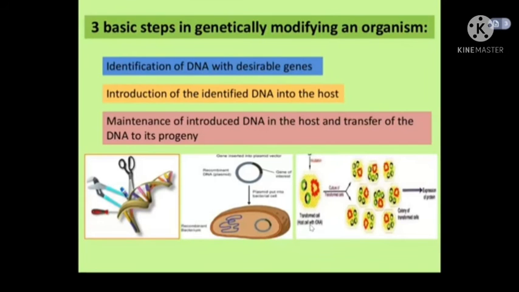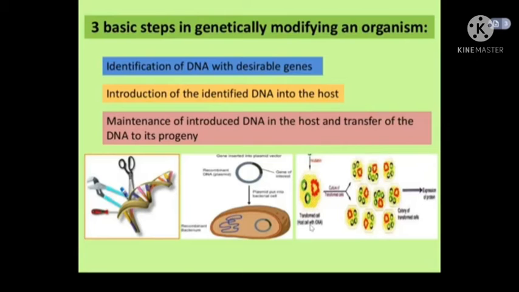Now let us move on to the basic steps that are involved in genetic modification. That is how we are going to modify the genetics of an organism. Number one, identification of the DNA with the desirable genes.